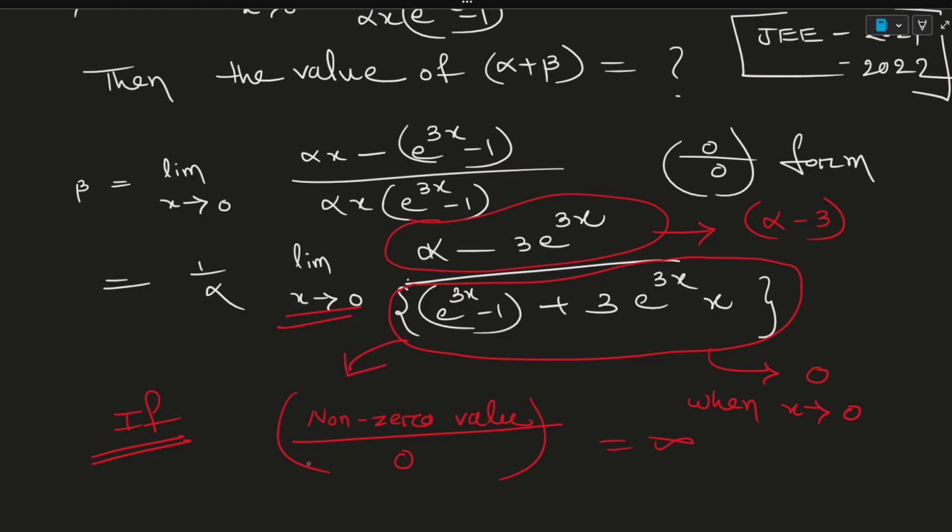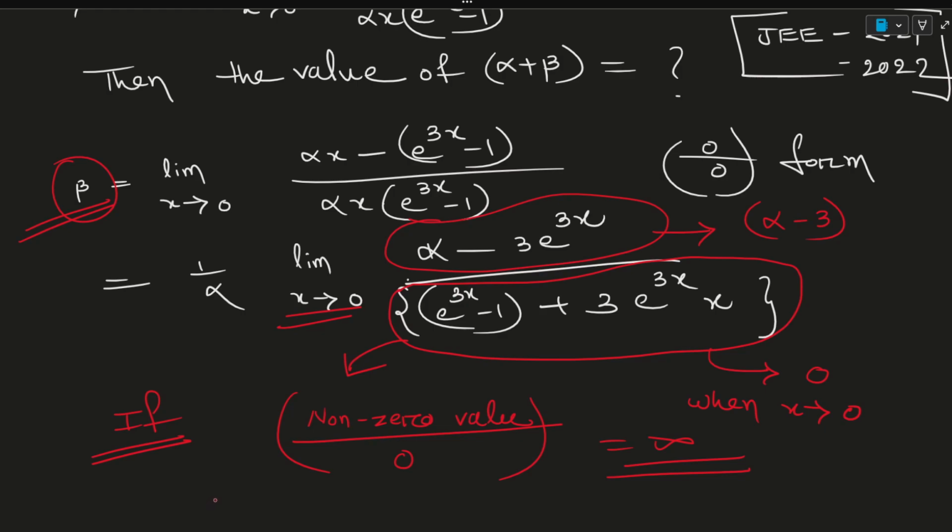If we assume that the numerator is a non-zero value, then it will be non-zero divided by 0, so it will be infinity. But it is not possible, as the limit of this function exists and it is a finite value, that is beta we are given here. So from the given data, it is clear that the limit of this function exists.